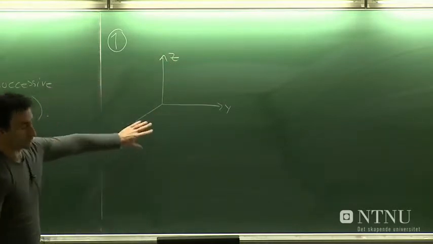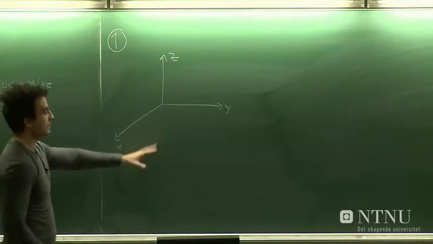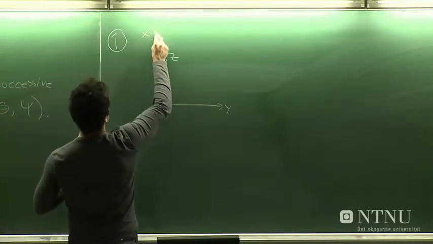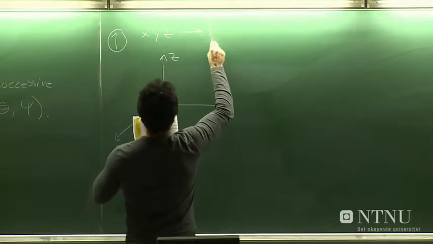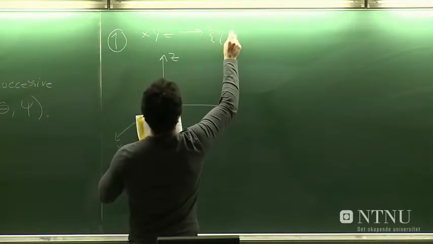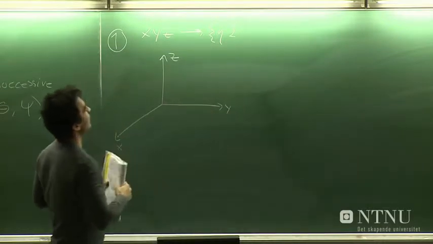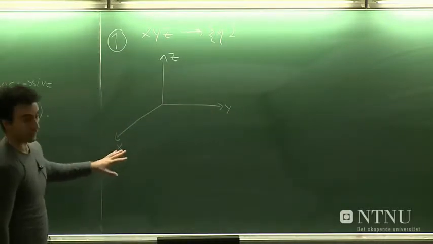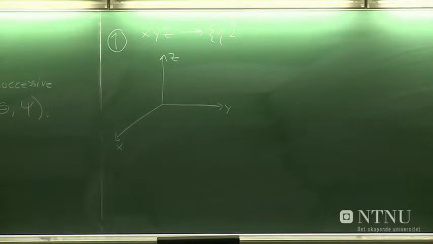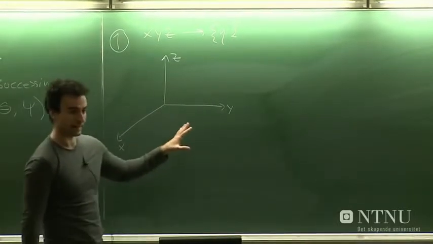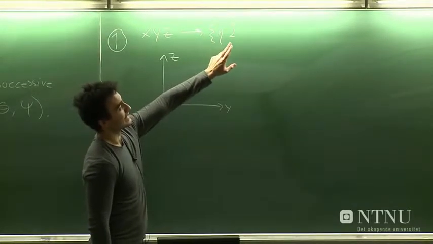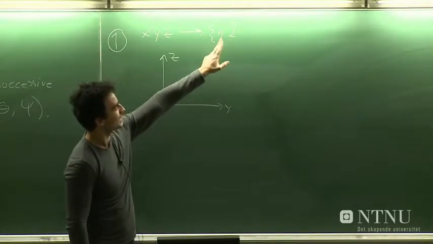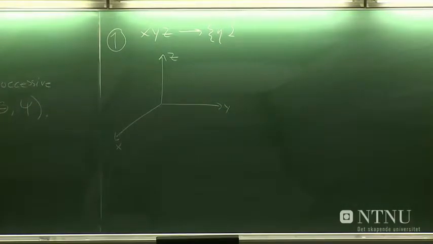So this is our starting point, the conventional XYZ system. And the first step is to perform a rotation with an angle phi, such that we take this XYZ coordinate system to a xi, eta, zeta system. So these are just Greek letters you may use.